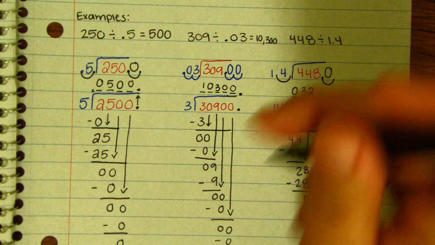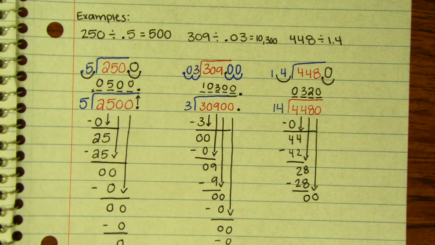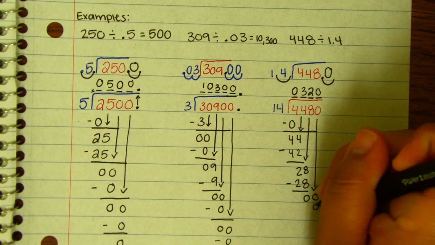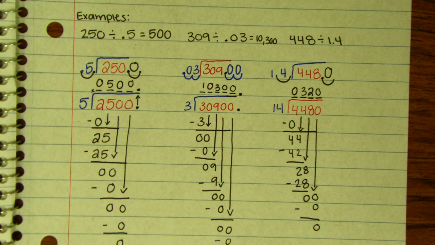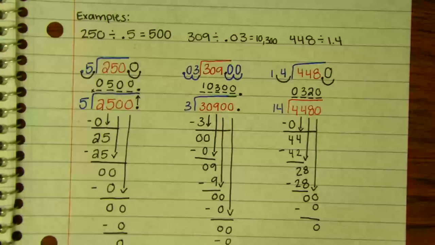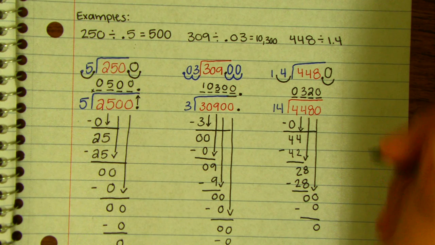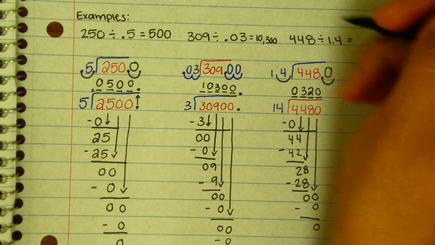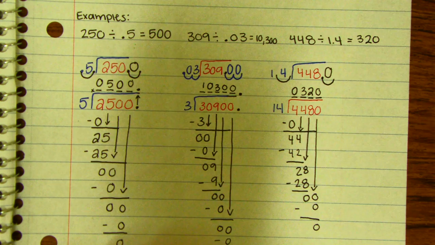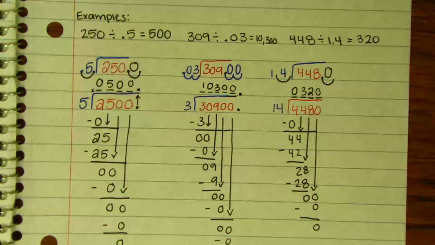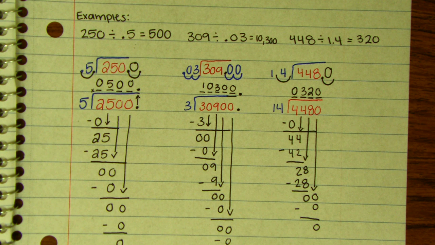And I know that 0 times 14 gives me 0. I subtract. I'm left with a remainder of 0, which means my answer to 448 divided by 1.4 is going to equal 320. So it's now your job to go and try your exit slip.